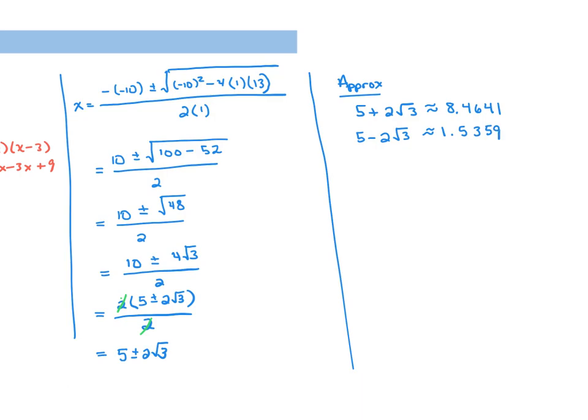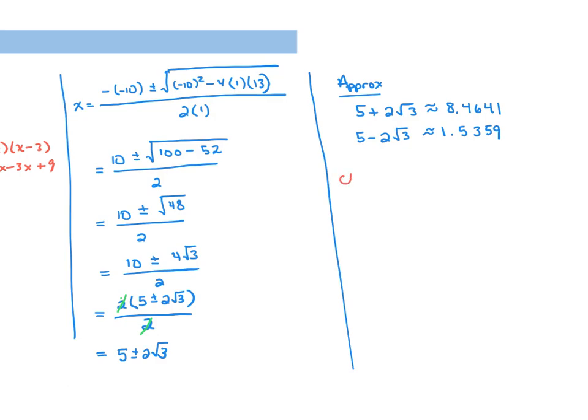So I would substitute 8.4641 into the original equation and see if it satisfies the equation. And I would substitute 1.5359 into the original to see if that also would satisfy the equation.